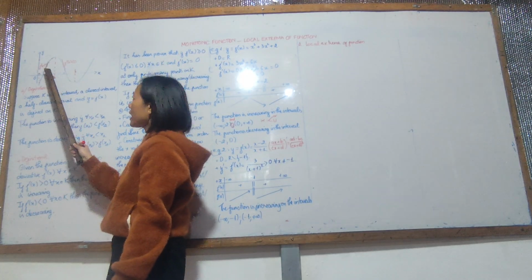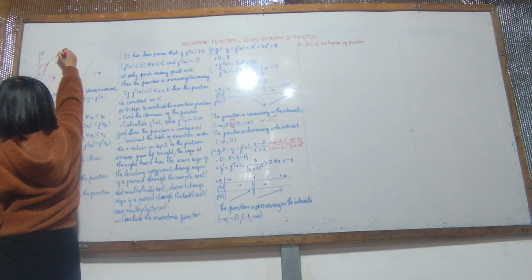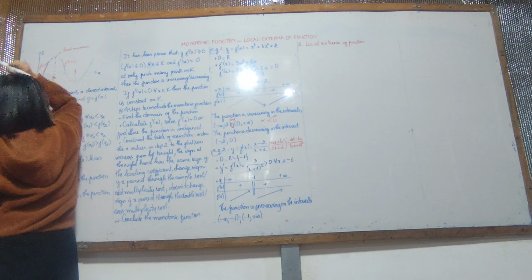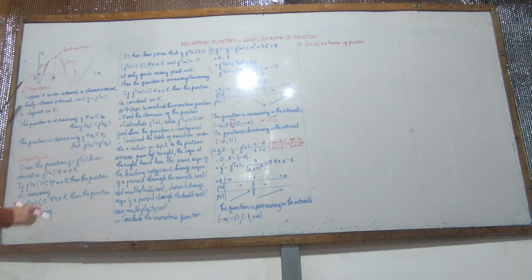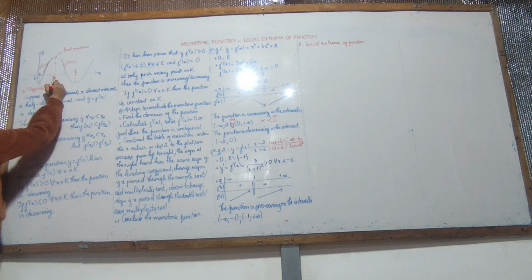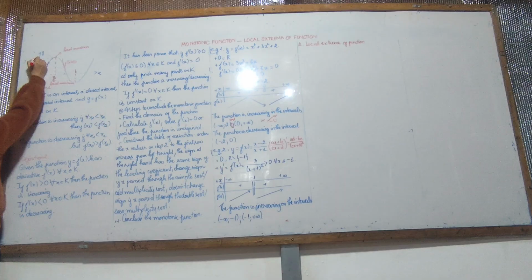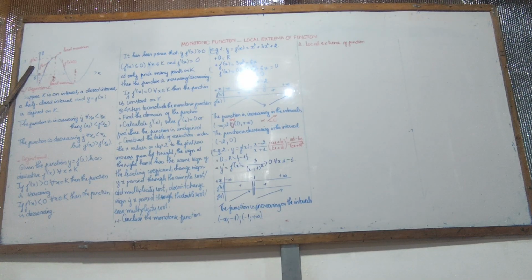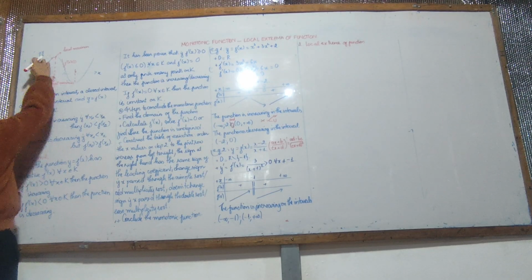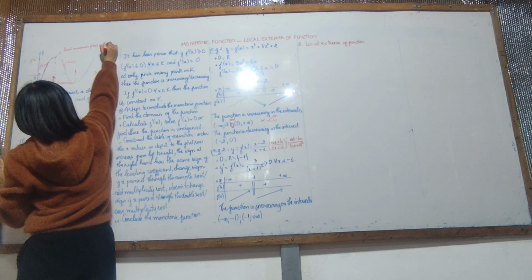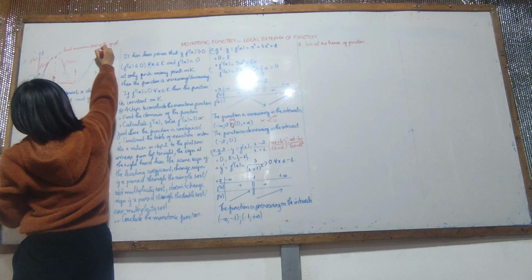Then we will say that x0 is a local maximum of the function. x0 is a local maximum, and f(x0) is the local maximum value, and this one (x0, f(x0)) is a local maximum point of the graph of function.